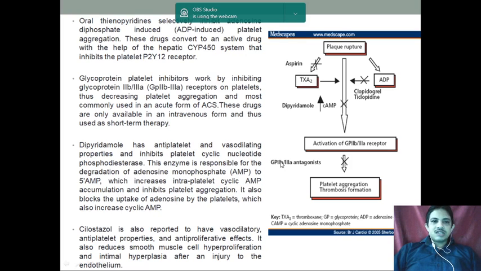Next are the GP IIb/IIIa antagonists, which by their antagonistic effect on this receptor inhibit platelet aggregation and thrombus formation. So these are some of the drugs and how they act.